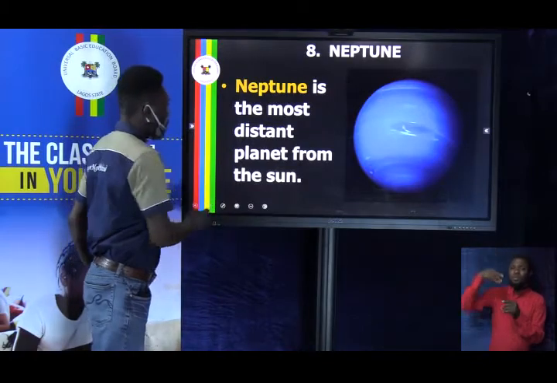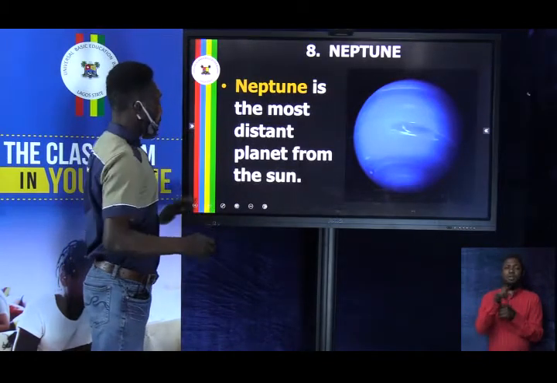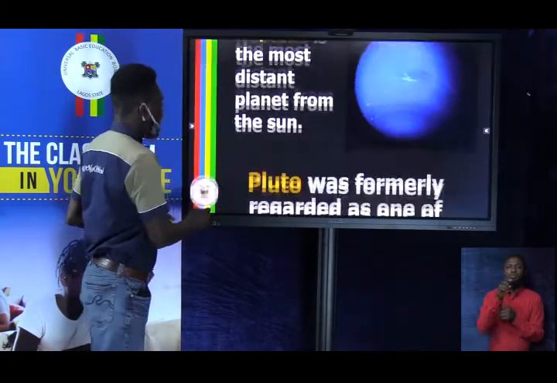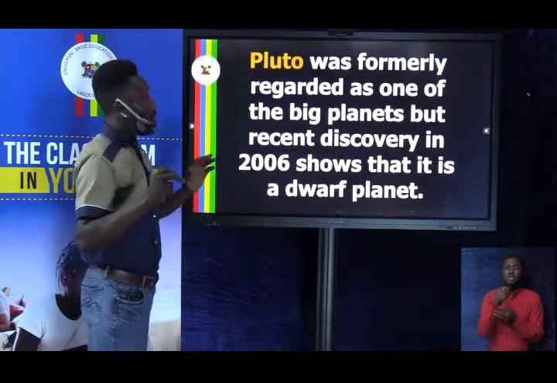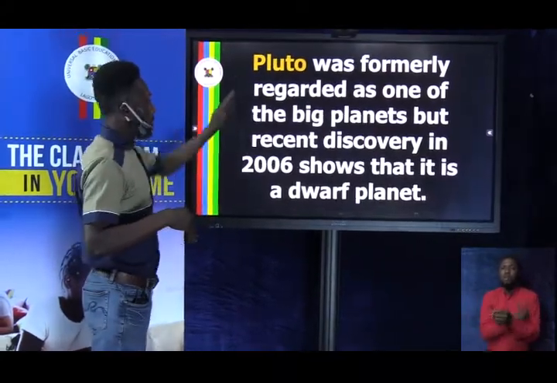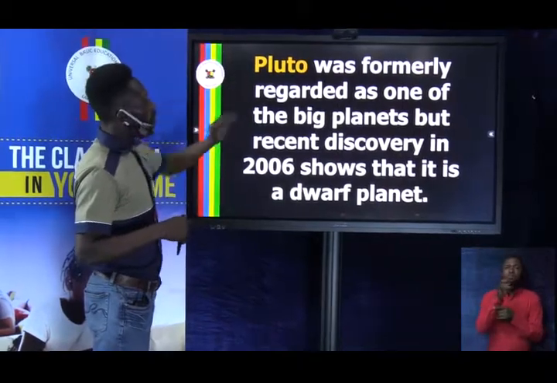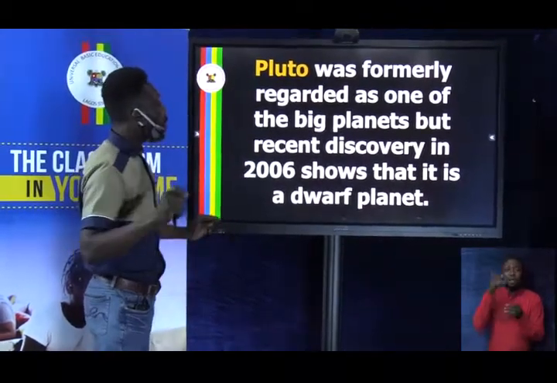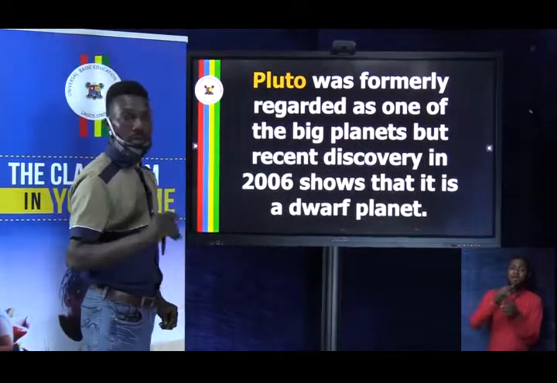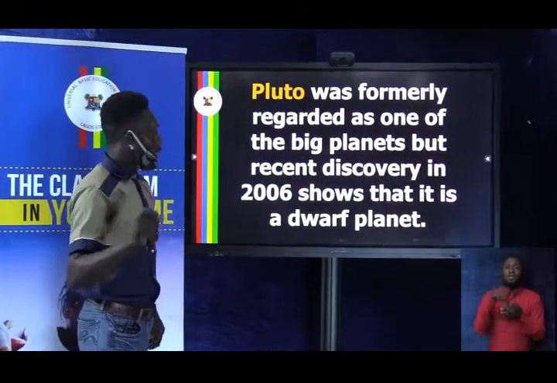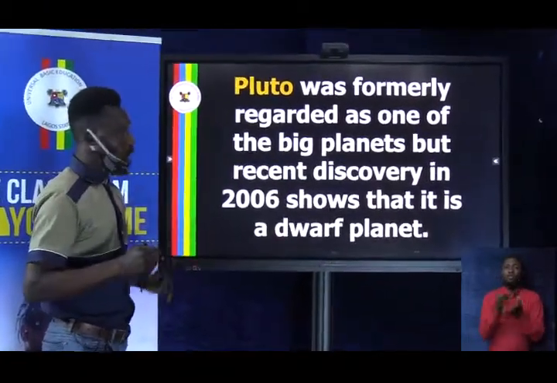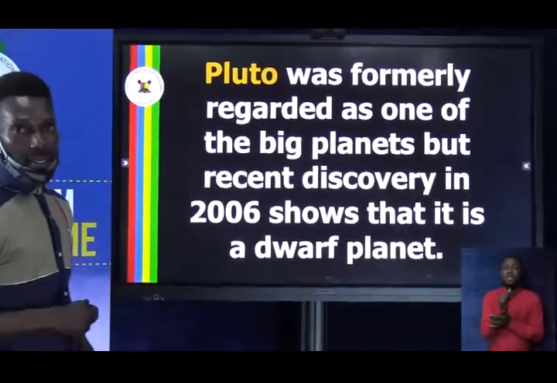So now, what about Pluto? It's not among the big planets in the solar system. Let's look at what happened. Pluto was formerly regarded as one of the big planets, but a recent discovery in 2006 shows that it is a dwarf planet.